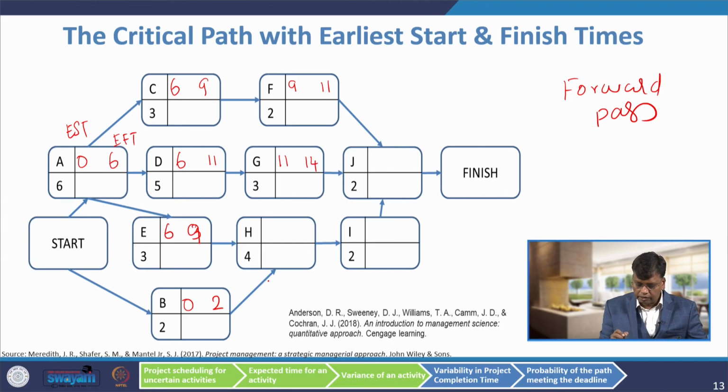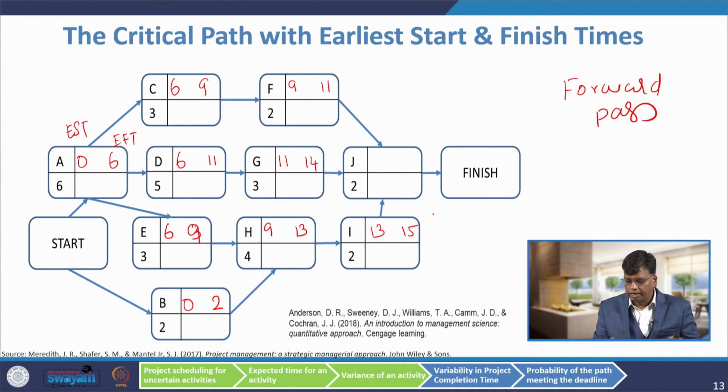For activity H, now you see there are 2 activities there, 9 and 2. The earliest finish time for activity E is 9, activity B is 2. So, we have to take the largest number 9. So, 9 plus 4, 13. For activity I, it will start on 13, plus 2 is 15.